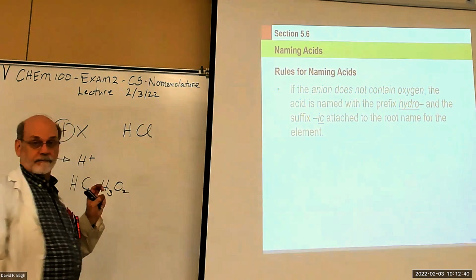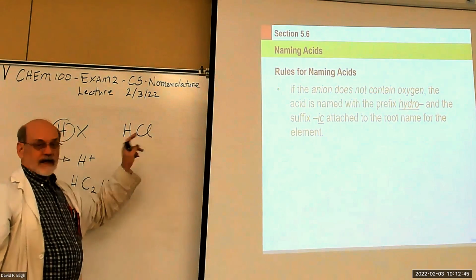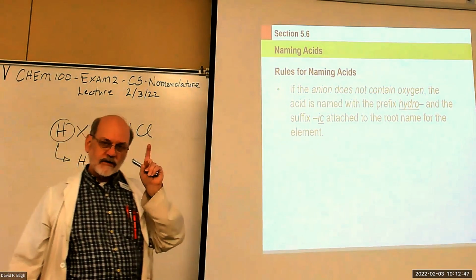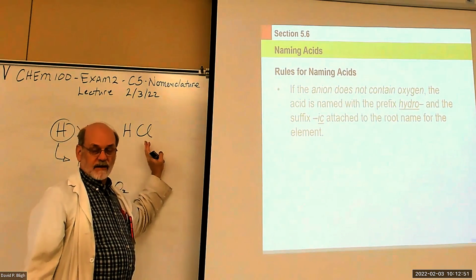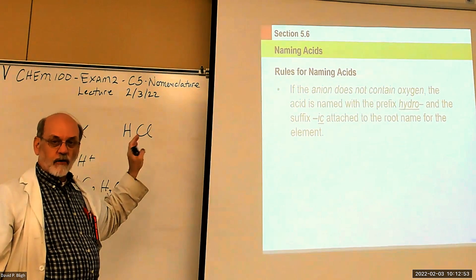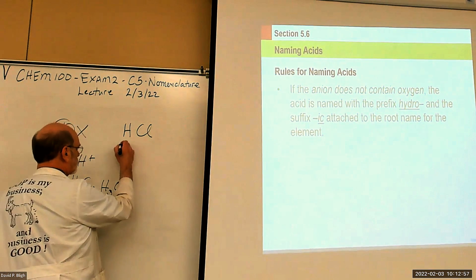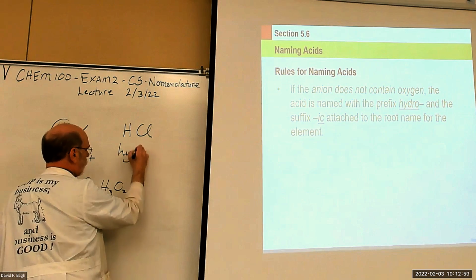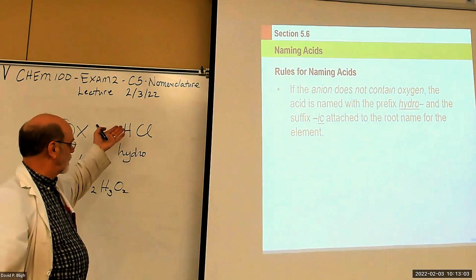And ask yourself, is there an oxygen? Is there an oxygen over here? No. If there's no oxygen, we always start the name with hydro, in honor of the hydrogen.